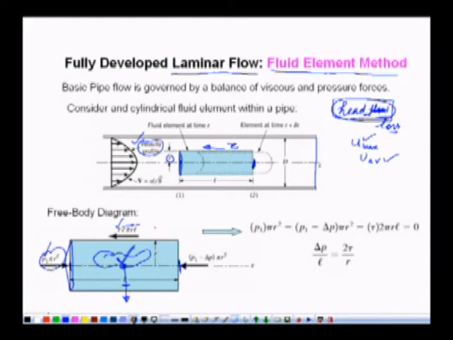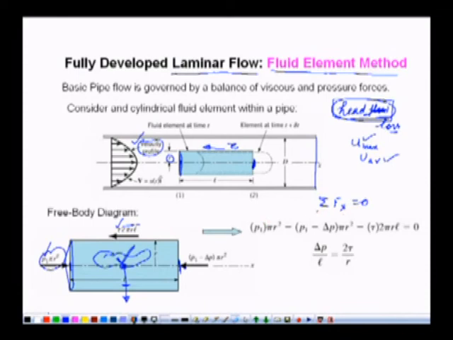Now, since the flow is in a steady condition and it is fully developed, there are no acceleration effects, no inertial effects. It means that the forces acting on this face and on this whole periphery are in a balanced condition. So the summation of forces in the x direction must be equal to 0.